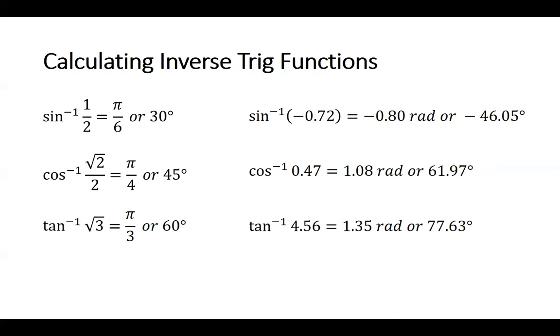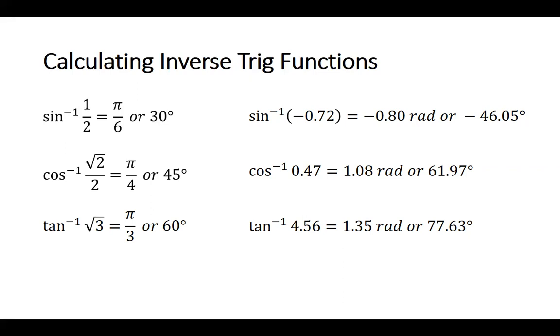So 77.63 degrees is correct, or 180 plus 77.63, which gives me 257.63 degrees, would also work in the third quadrant. So just keep that in mind, that when you're taking the inverse tangent, inverse cosine, inverse sine, there are actually two quadrants that the angle could be in and still have that same value. So make sure you check that.